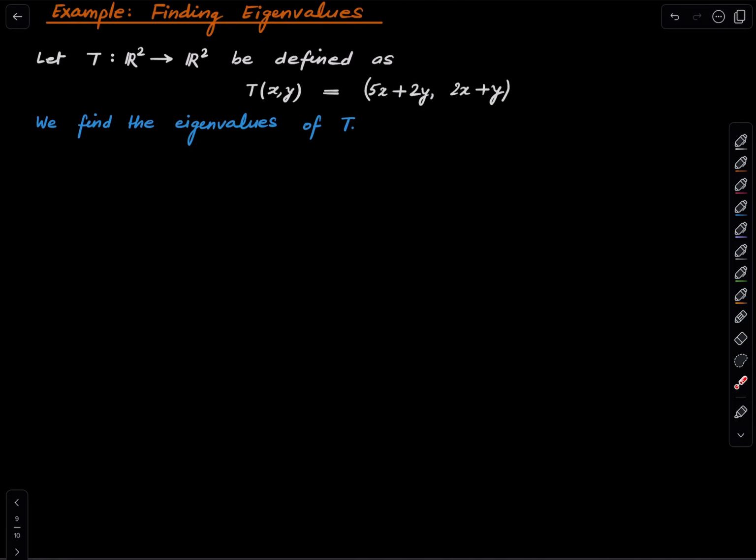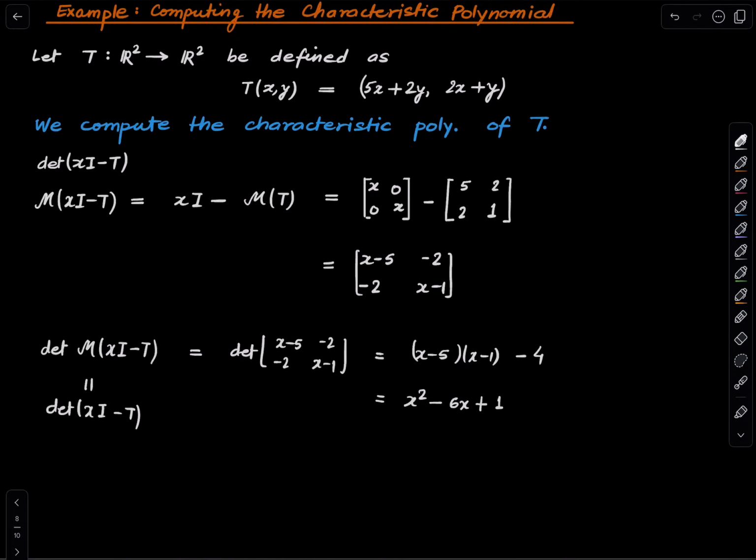So now let's compute the eigenvalues of this guy. To find the eigenvalues, we just need to find the roots of the characteristic polynomial of T, which we just computed, which is x squared minus 6x plus 1.